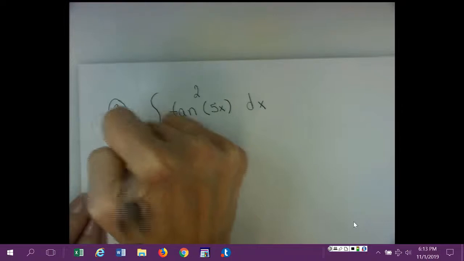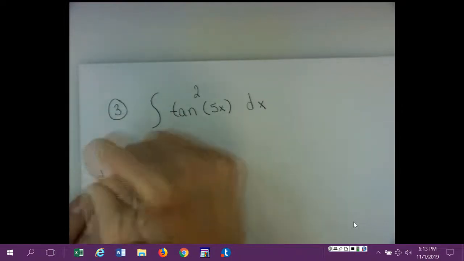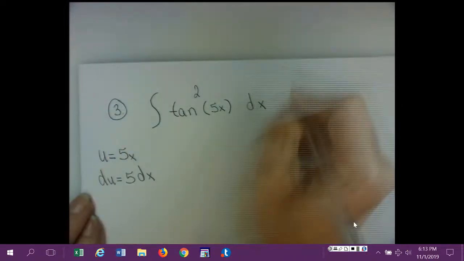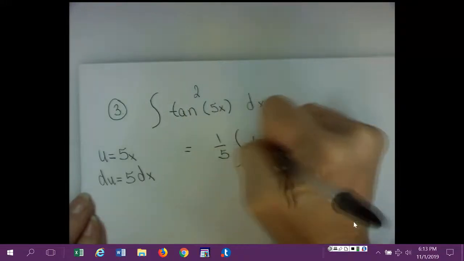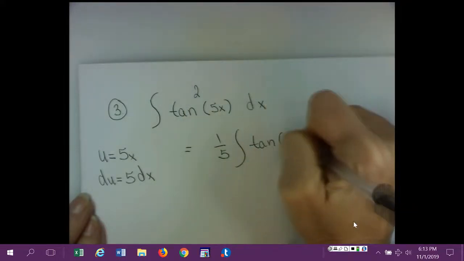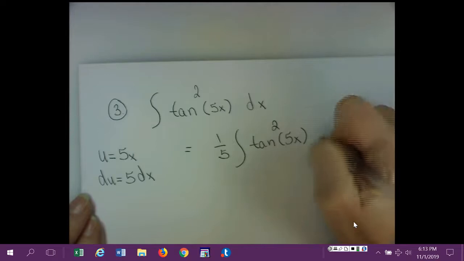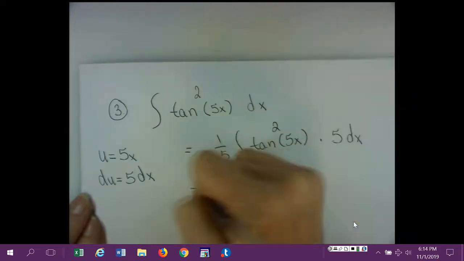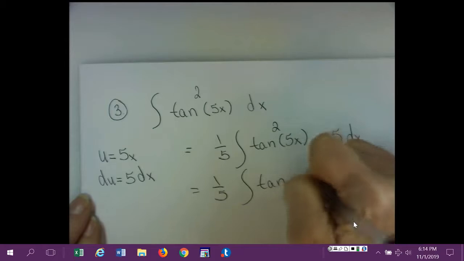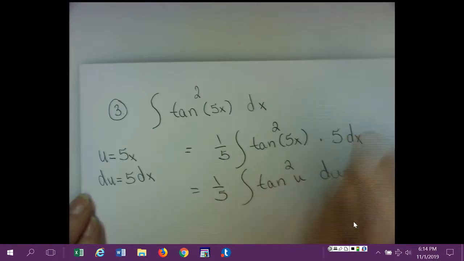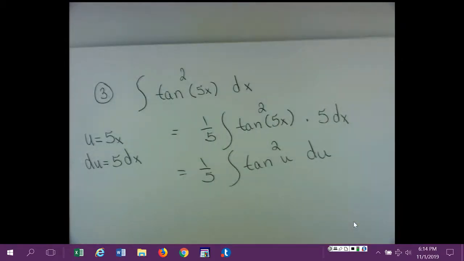U is 5x, du is 5 dx. So your next step is 1/5 tangent of 5x quantity squared times 5 dx, which is 1/5 tangent of u quantity squared du. And then you go to your blue box formula for tangent squared.